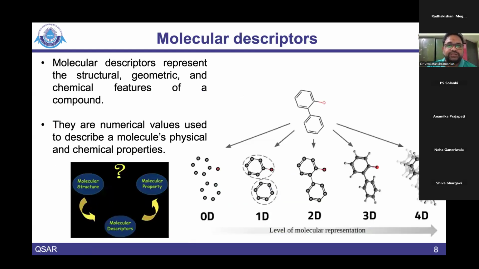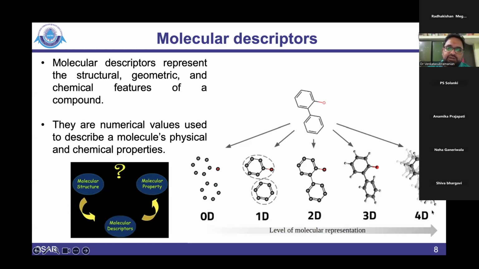So what are the different types of QSAR? First, zero dimension, which means basically there's nothing, just the atoms. And then one dimension means using information that is only one-dimensional, like the number of atoms and so on. Then you have two-dimensional information, and then three-dimensional information, and then we have four-dimensional, five-dimensional, six-dimensional, and so on.